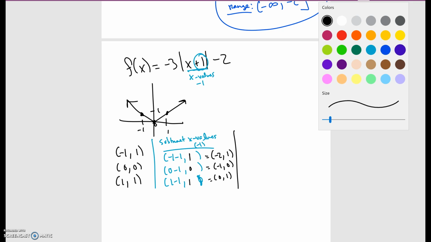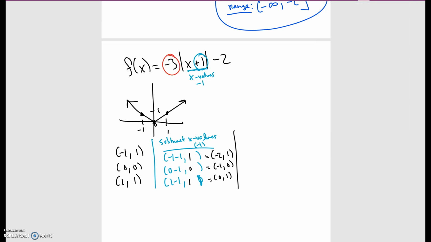Okay, now this thing, I'm going to write it in red. This -3, what I'm going to do is multiply the y values by -3. You can understand that that just means multiply. So all my y values, which are these numbers, I'm going to multiply them by -3.